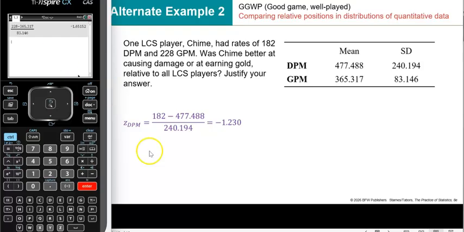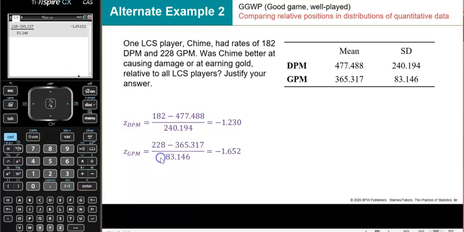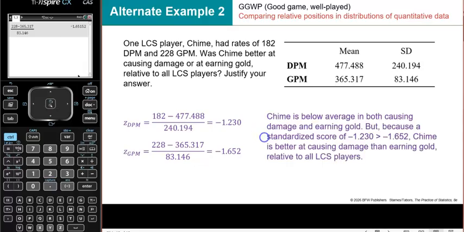Wow. So he's also behind the times. He's 1.65 standard deviations below the mean, also in gold getting. So this guy is not a pro. He might be okay. He's below average in both causing damage and earning gold.